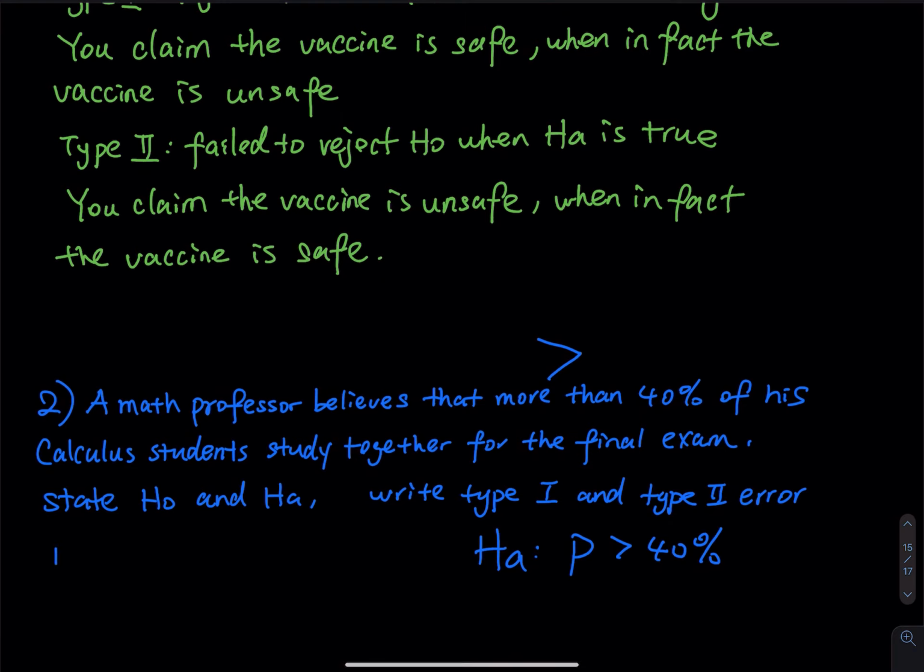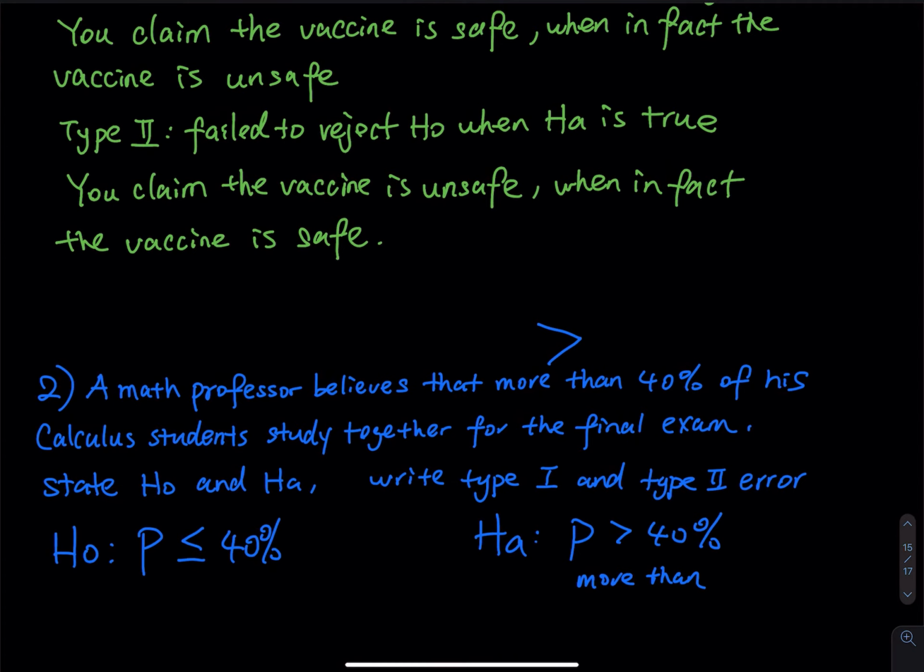And then what about H0? So H0, there is no symbol for H0, then I will just take the opposite. So that is P less than or equal to 40%. I strongly suggest you put the keyword in there as well. So this is more than, right? For the less than or equal to, usually if you want to impress people, don't say less than or equal to, use the words at most 40%.